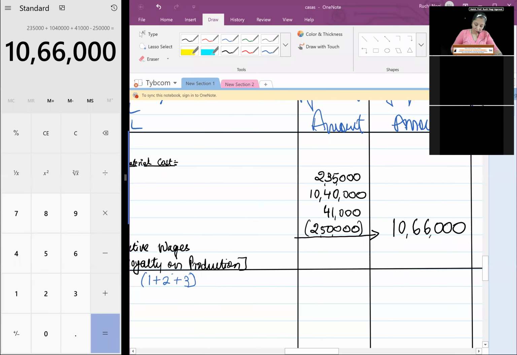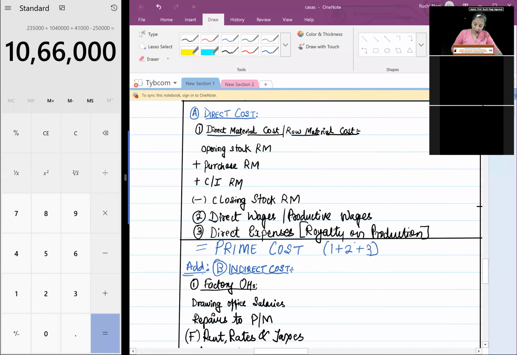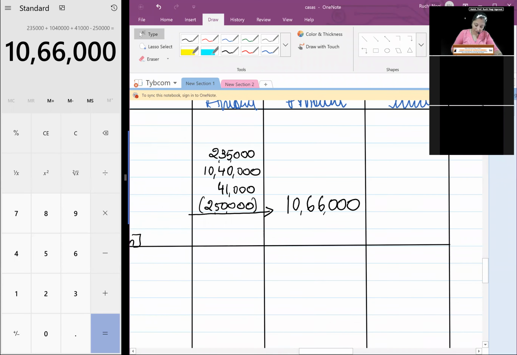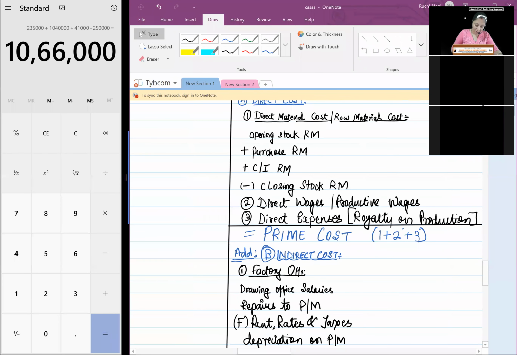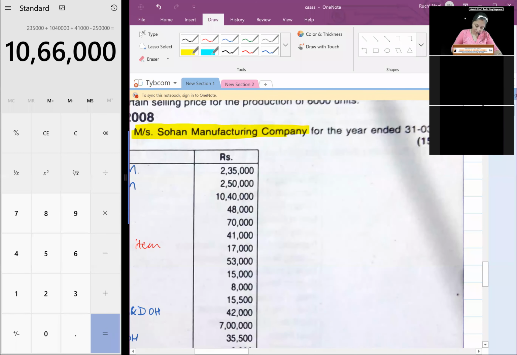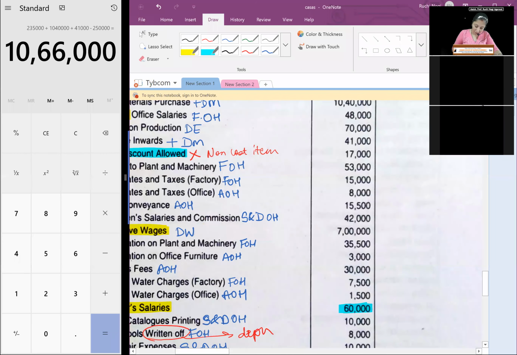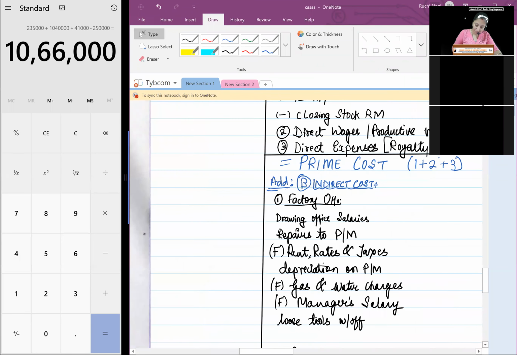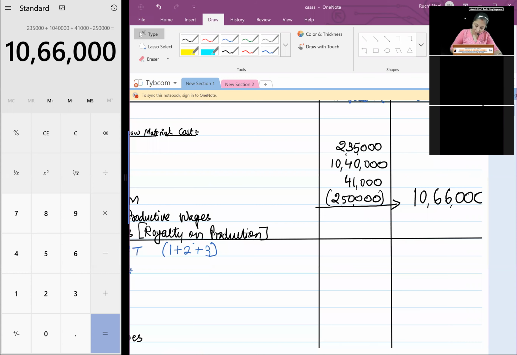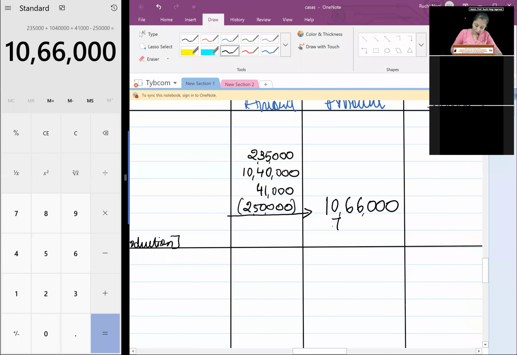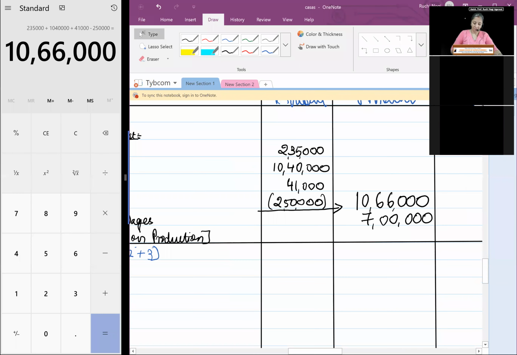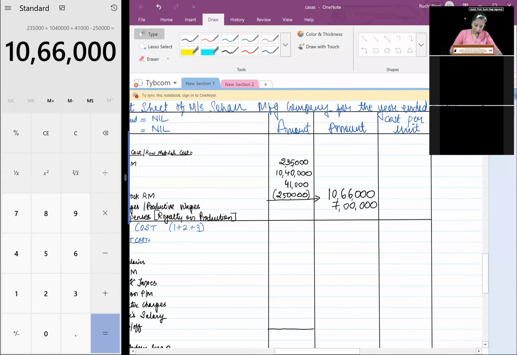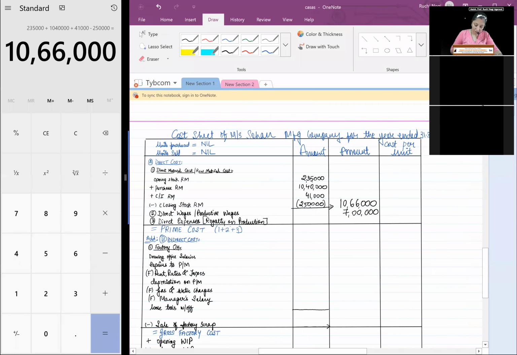Okay. So this is my direct material cost, 10,66,000. Next, direct wages, productive wages. How much is it? 7 lakhs. So right here, outer column, 7 lakhs. Look into the figures.